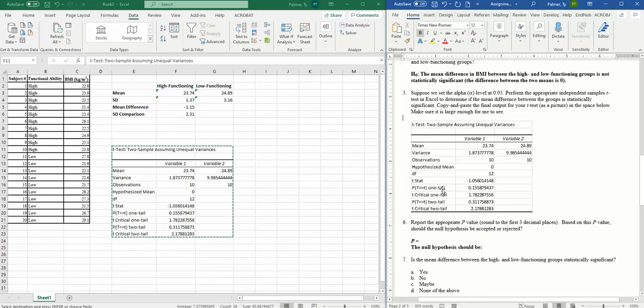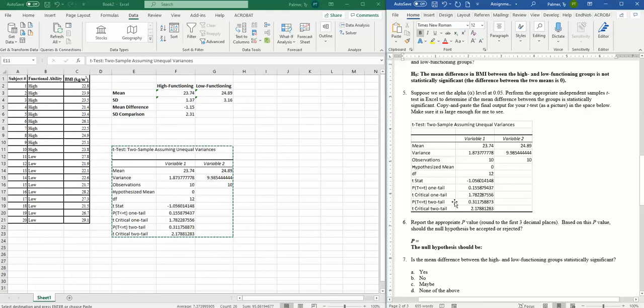Oftentimes in research, one-tail tests are not used, and so for our class, we're not going to use them either. So this P one-tail, this T critical one-tail, we're not going to concern ourselves with this. This is for the one-sided or one-tail test. Most research doesn't do these tests, therefore we're not going to do it in our class as well.